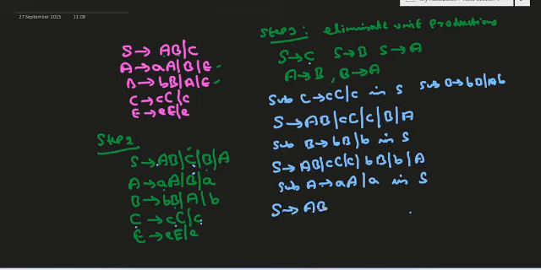So S tends to AB, small c, capital C, then small c, then B, BB, B, and this A can be replaced by small a, capital A, small a. So this is the replacement for S alone.